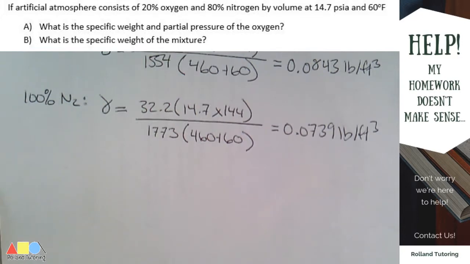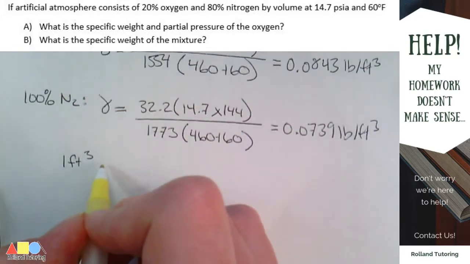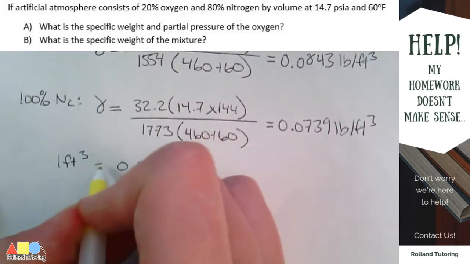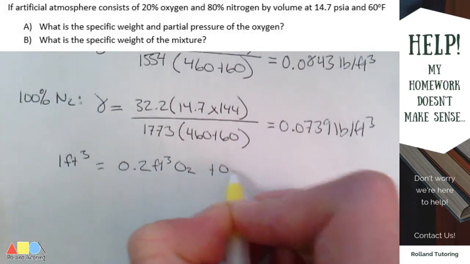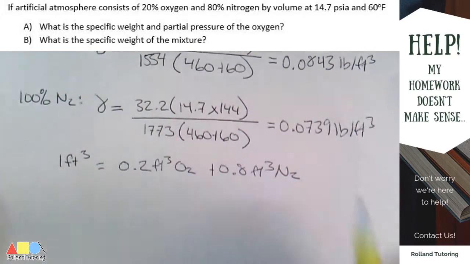Alright, now that we have those two things, we can start looking at question A, the specific weight and partial pressure of oxygen. So 1 foot cubed contains 0.2 foot cubed of O2 plus 0.8 foot cubed of N2.